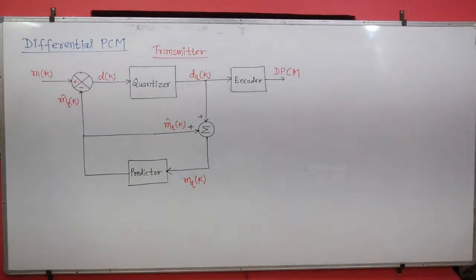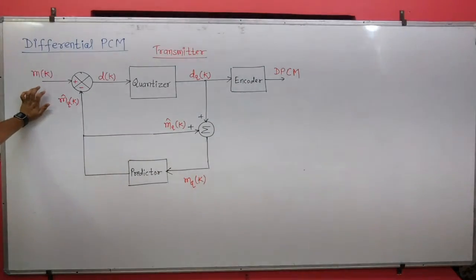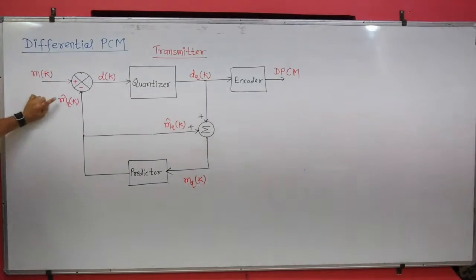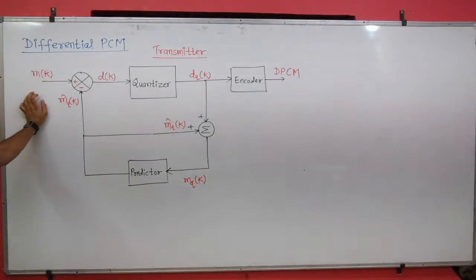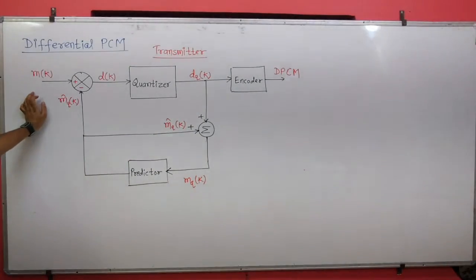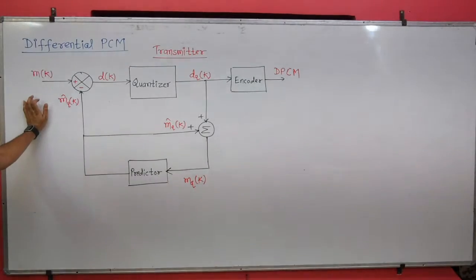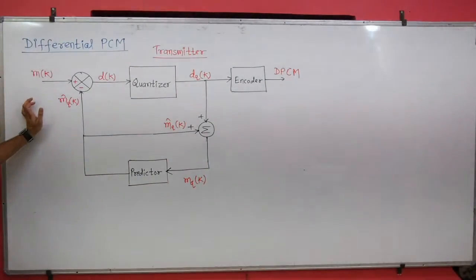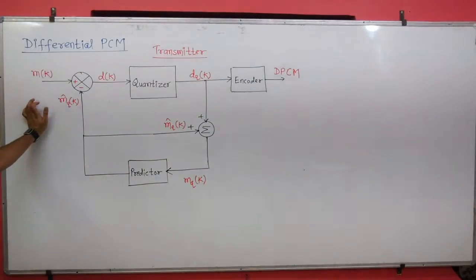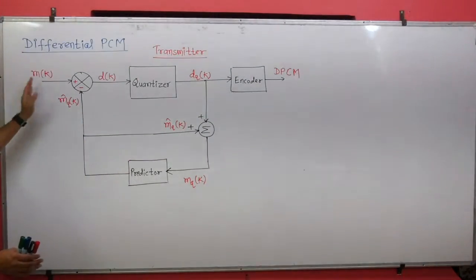So this is the block diagram. As you can see, we have already sampled the message signal. I have written K here, where K is an integer. The message signal MT was a continuous time, continuous amplitude signal, and it has been sampled in the sampler, which was kept before this point.